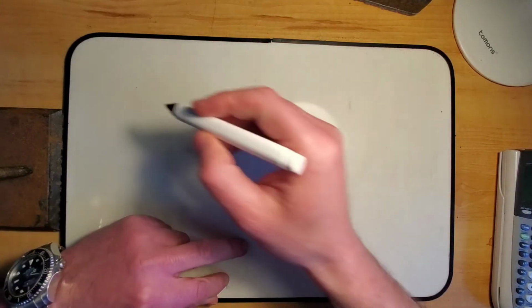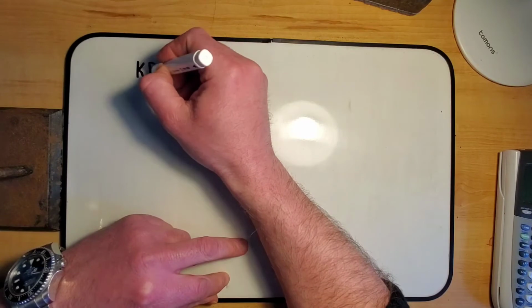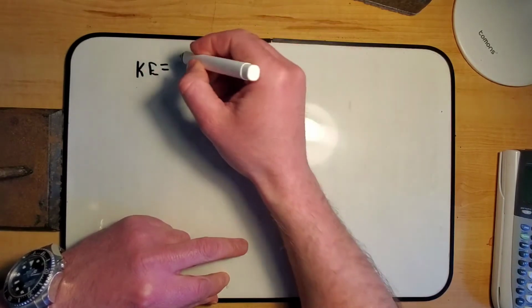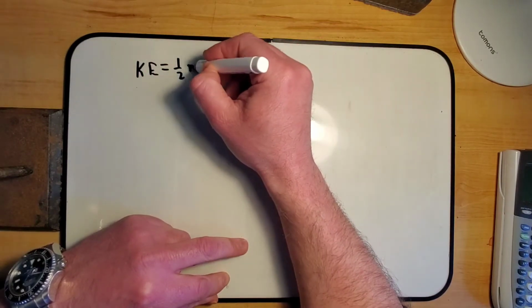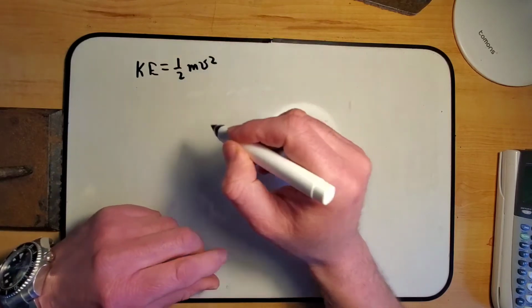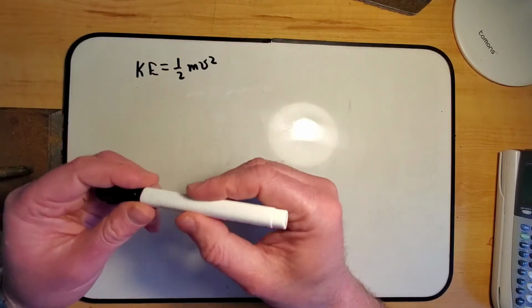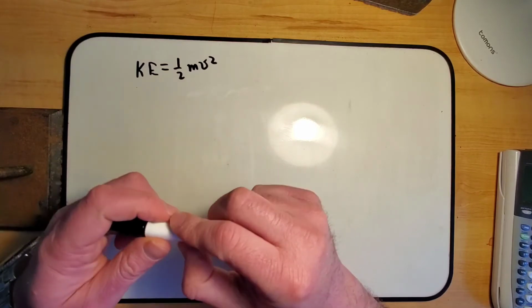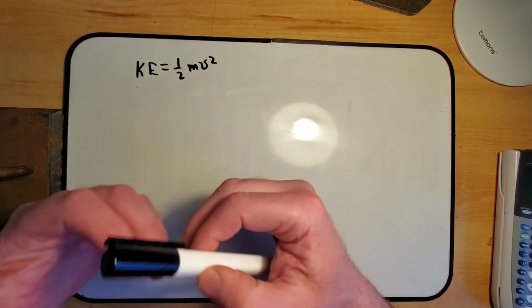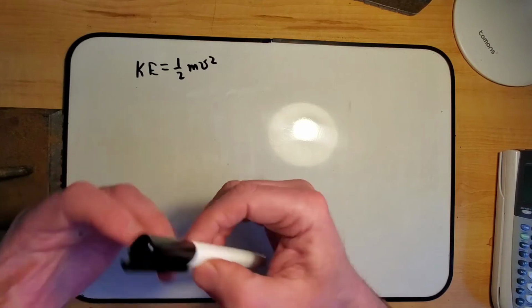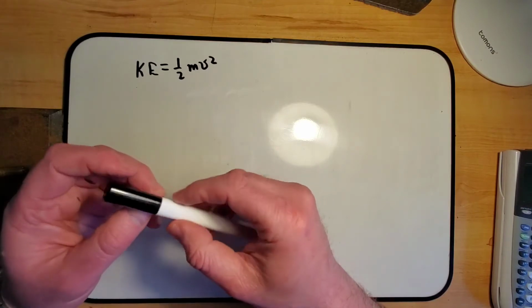So mathematically, kinetic energy is described as 1/2 mv squared. And it's pretty much if you have a vehicle that has a certain mass and it moves at a certain velocity, that particular vehicle has a kinetic energy.